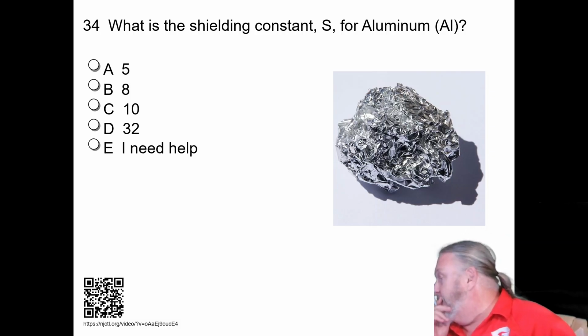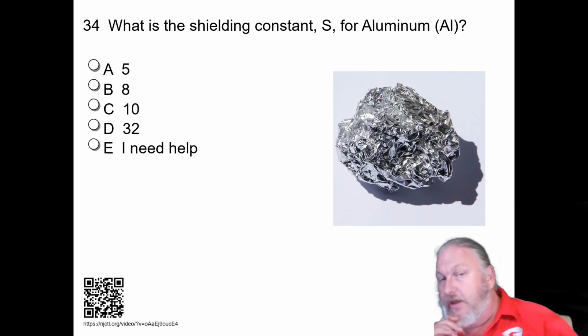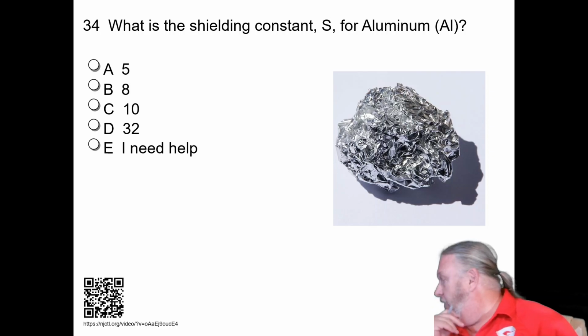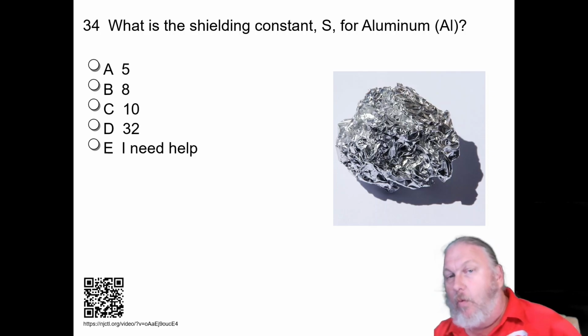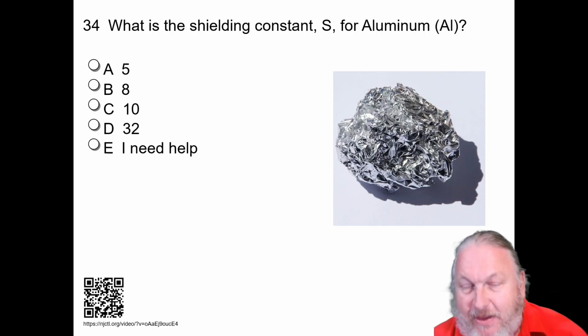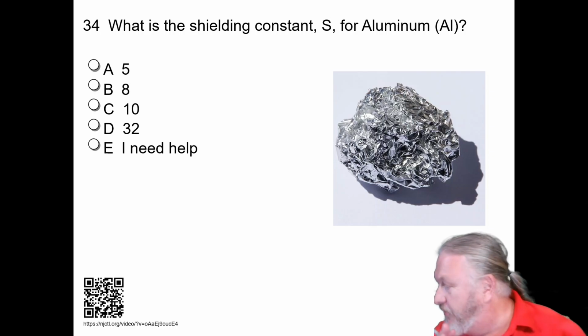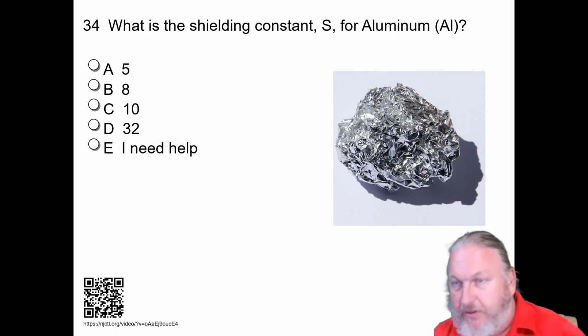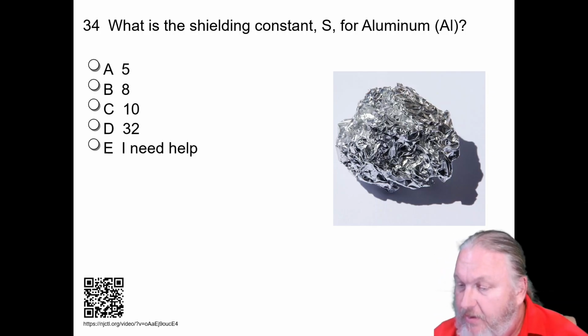Aluminum is in the third energy level. It's got 3s2, 3p1 valence electrons. So there's 10 inner shell electrons. So the Z number for aluminum is, well, we don't really need the Z number. There are 10 electrons, and let's just draw this really quick.